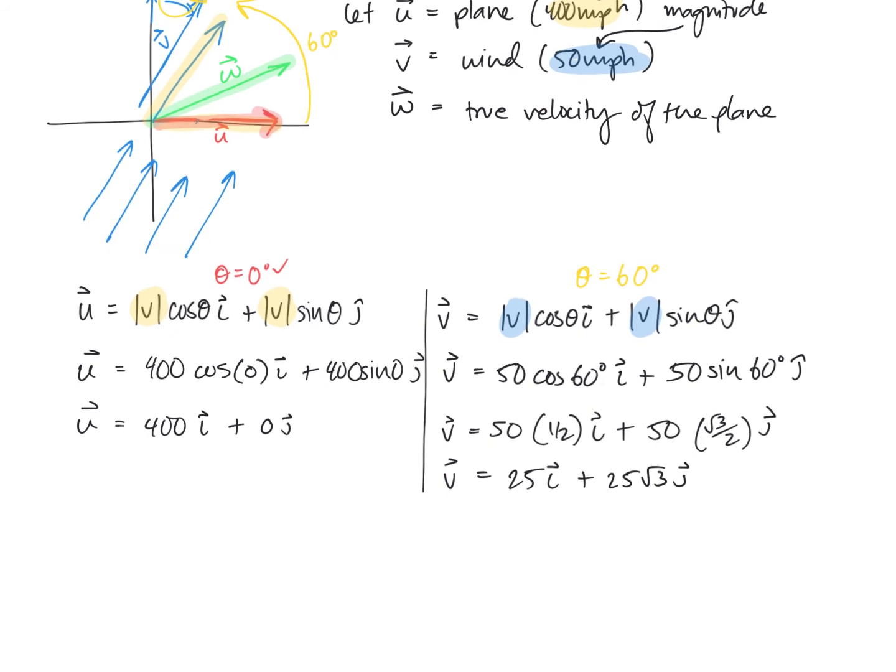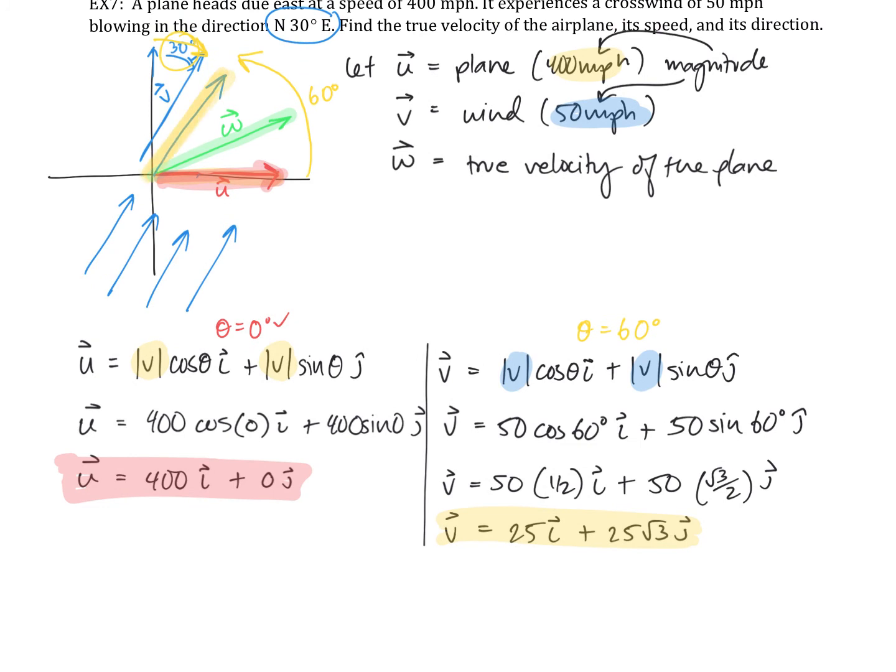Okay, so we have found u and v. We found these two vectors. Let me just go ahead and highlight them so you remember what they are. So this is this value right here, which we know here, and then this is my v value right here, which we have is here.